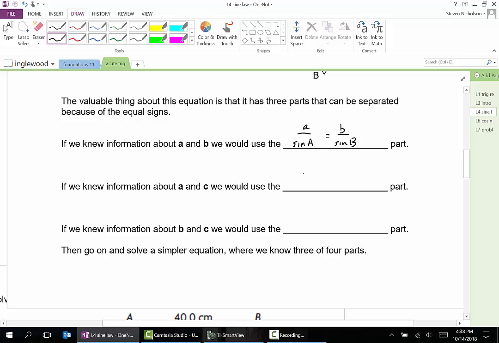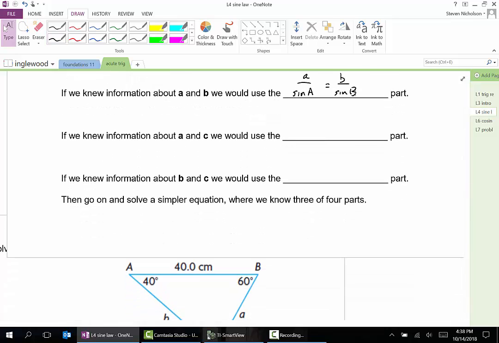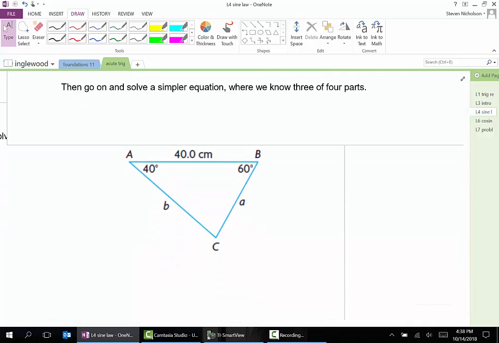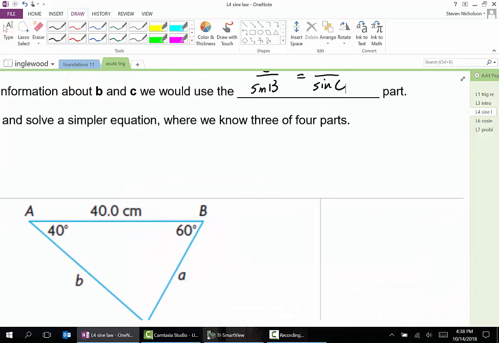If we know information about A and C, again we don't need all three parts, we only need this part. And similarly with B and C. So it's a very powerful, very compact little formula, and it actually allows you to solve more easily than in grade 10.